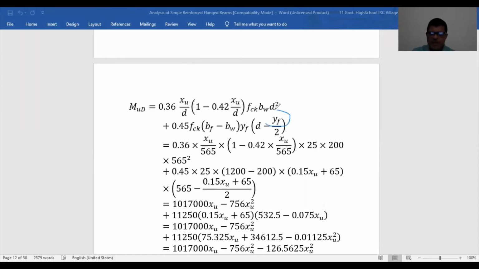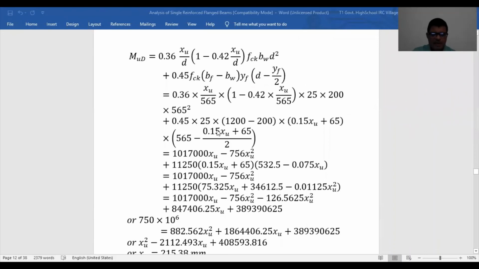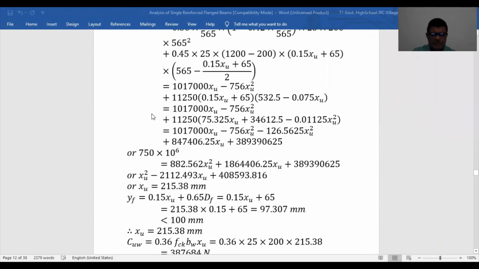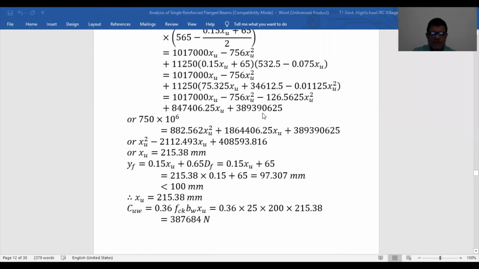So yf is already 0.65 df plus 0.15 xu. Put that value and you can get the equation for MUD, and see the value coming. Okay, now this value is coming this much, and this MUD is equal to your moment applied.